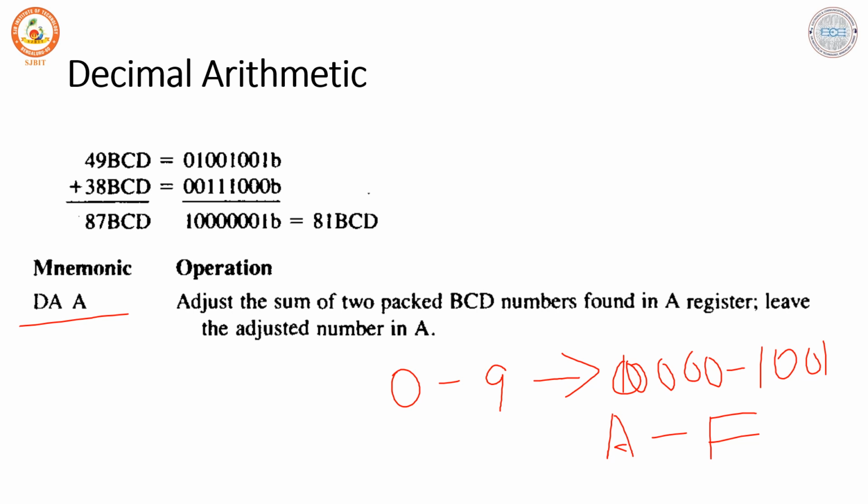If the accumulator bits 0 to 3 are greater than 9, or if the auxiliary carry flag is set to 1, then the number 6 is added to the BCD digits stored in the accumulator. Once you add the number 6, the BCD digit produced, the nibble, ranges from 0000 to 1001.